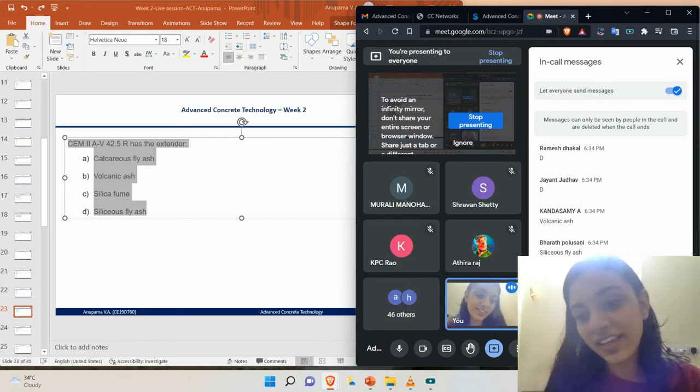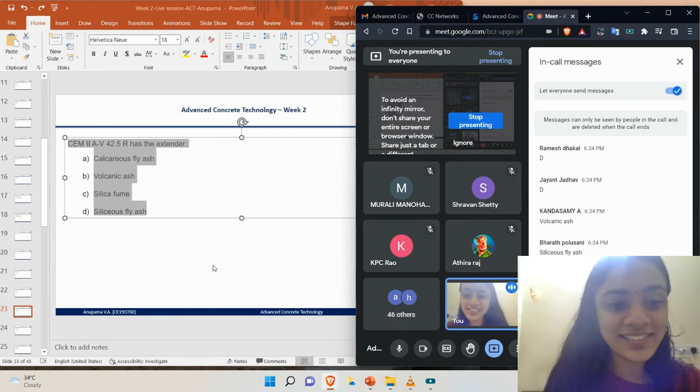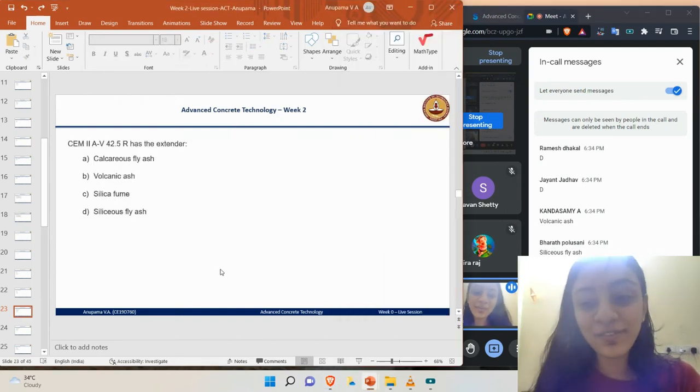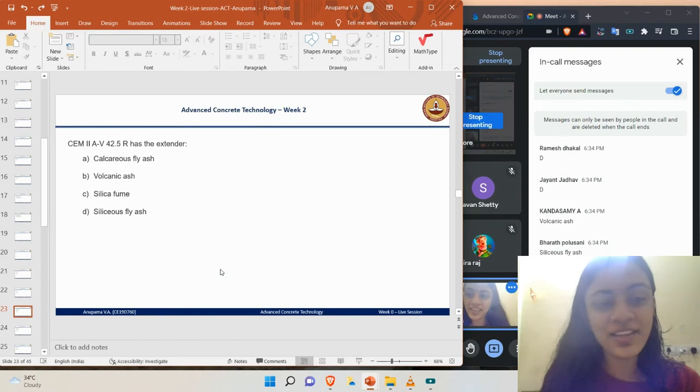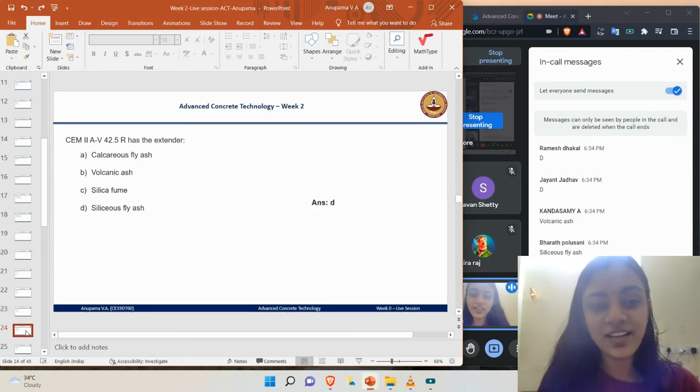V is siliceous fly ash. I just included volcanic ash to confuse you. It'll be confusing for me as well. If V comes and volcanic ash is there, I might have a tendency to opt for volcanic ash. But the correct answer is siliceous fly ash.